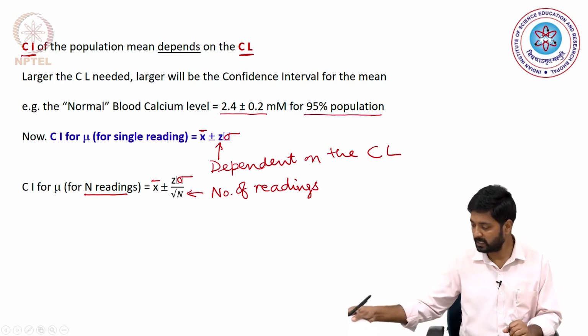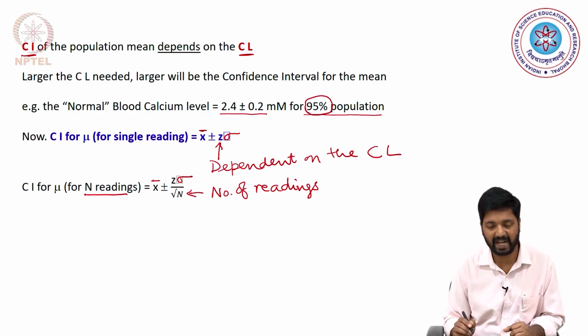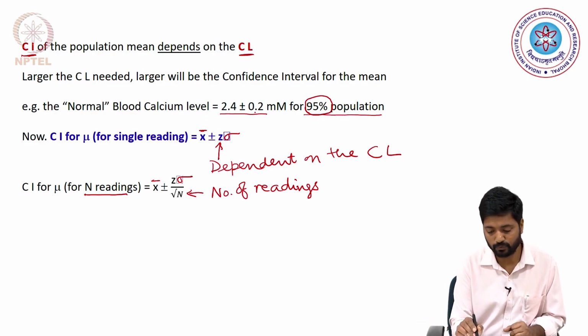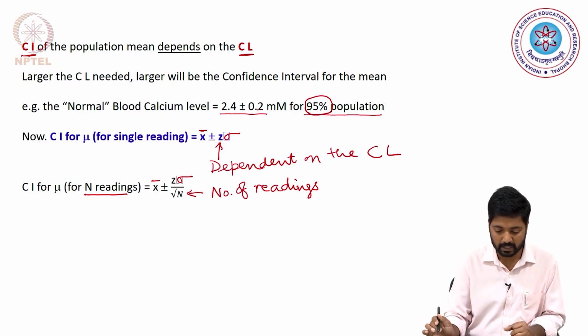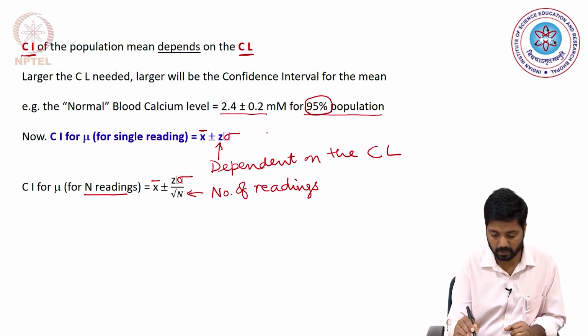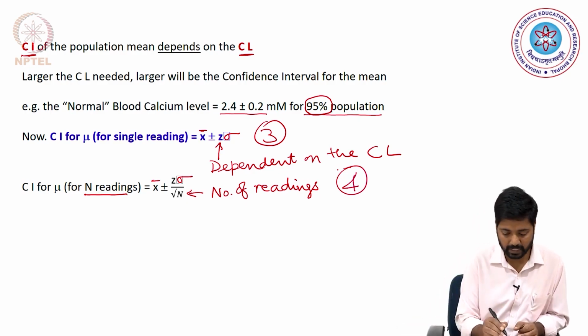Now, let us consider the previous example where we said that 95% of the population will have the normal blood calcium level of 2.4 plus minus 0.2 millimolar. Using these equations, let us call them equation 3 and 4, how do we calculate the confidence interval for 99% of the population? For that we will use equation 3.